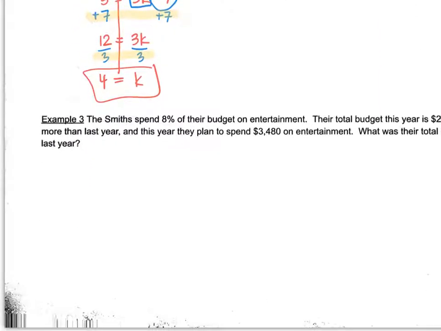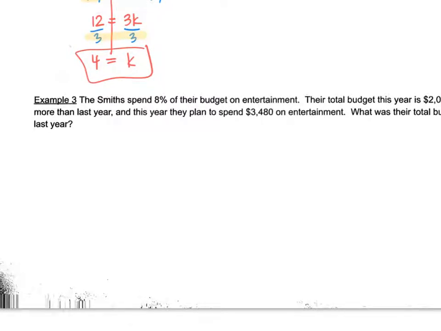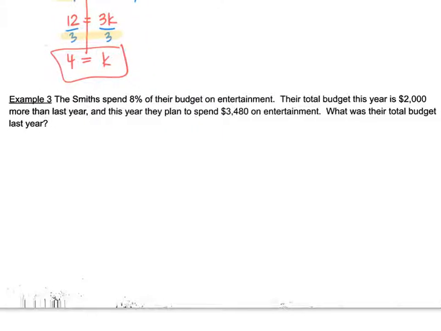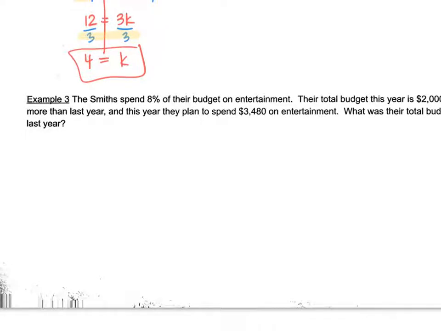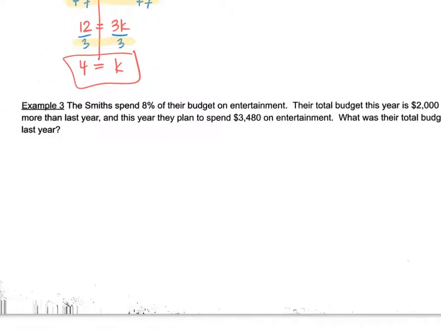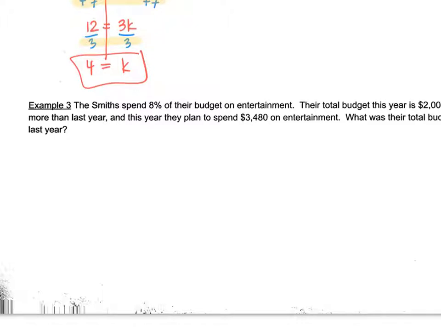Example 3. The Smiths spend 8% of their budget on entertainment. Their total budget this year is $2,000 more than last year, and this year they plan to spend $3,480 on entertainment. What was the total budget last year?